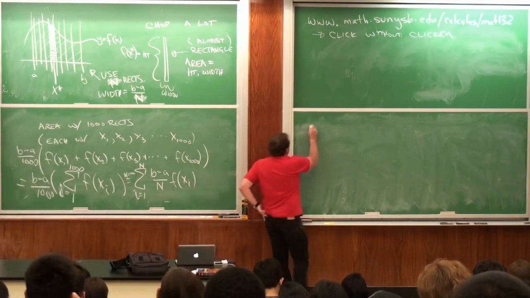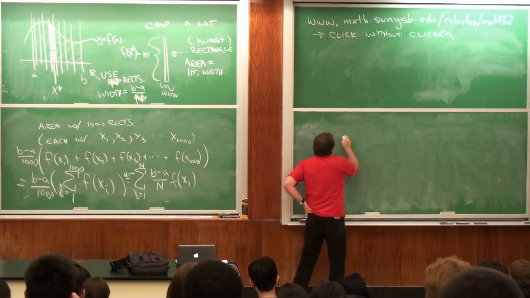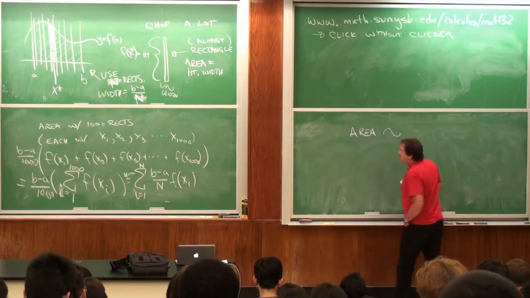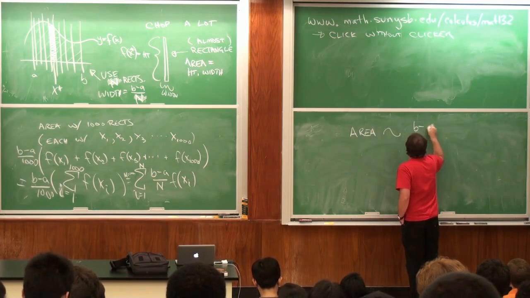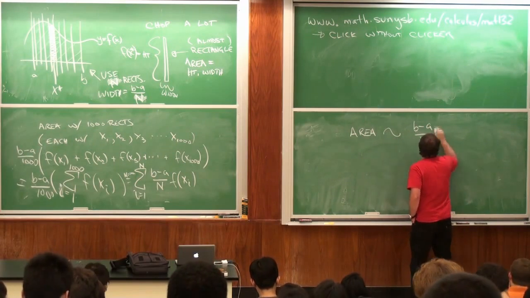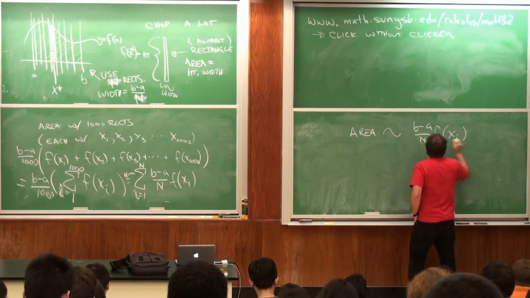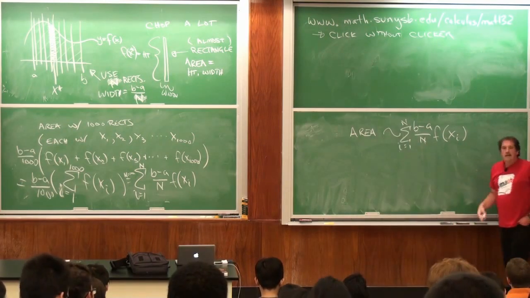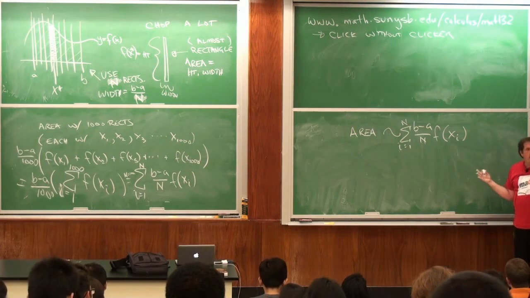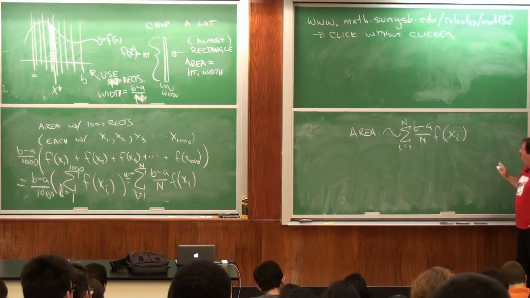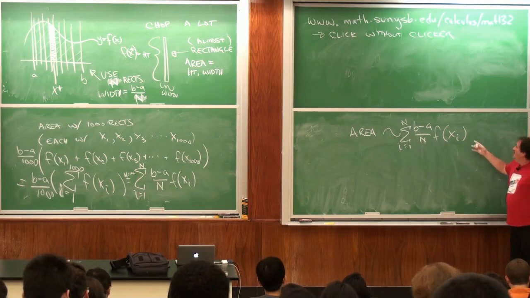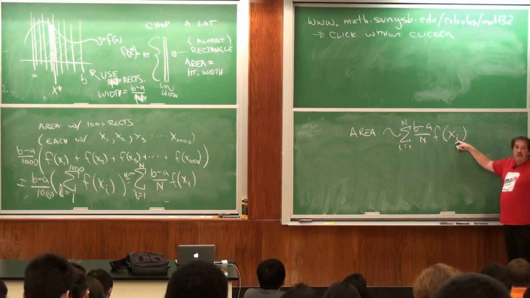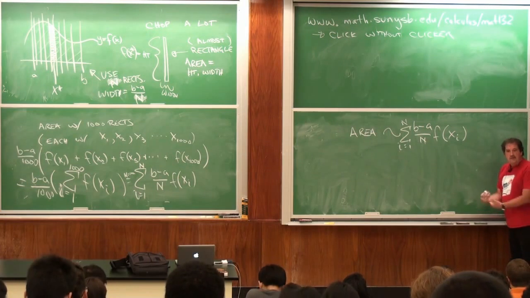So the area is going to be just about b minus a over n times f of xi, sum i equals 1 to n. And we can show, and I'm going to skip over that, that it's going to be less than a sum of this form, depending on how we choose the xi, and bigger than another one, and these two things go together.